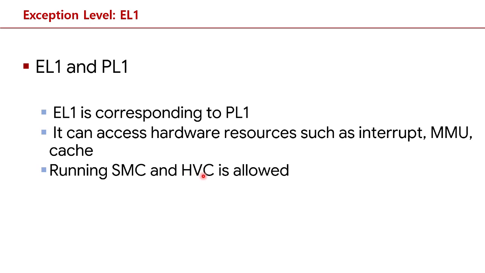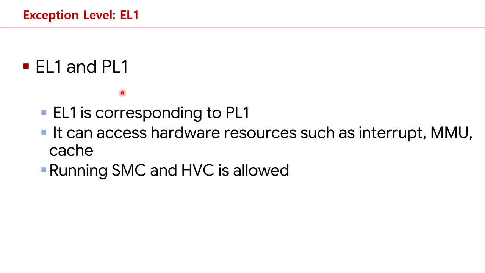As for the HVC assembly instruction, the exception level can be switched from EL1 to EL2. Those two individual assembly instructions are considered exception-generating assembly instructions. These instructions should be executed at exception level 1, which corresponds to privilege level 1.